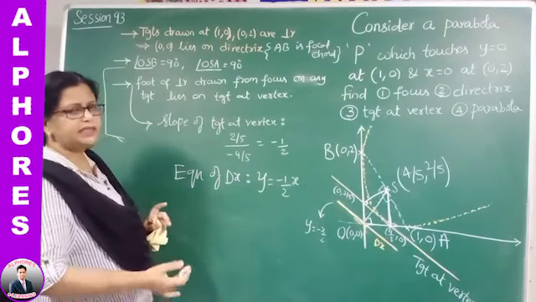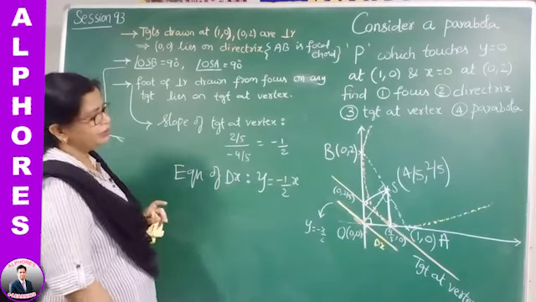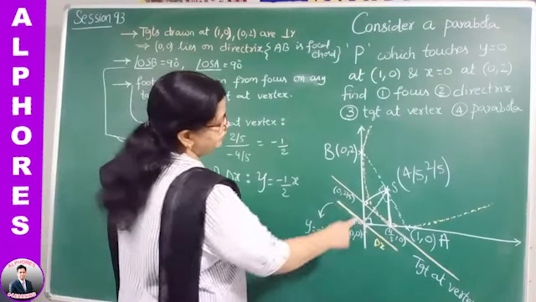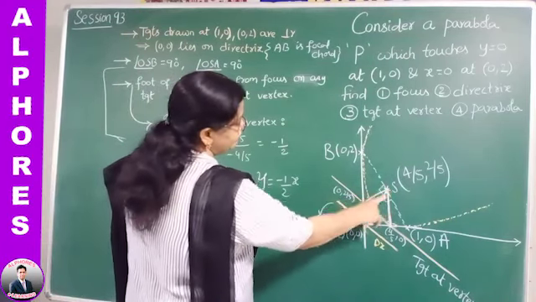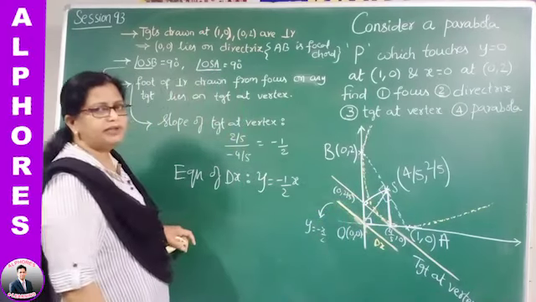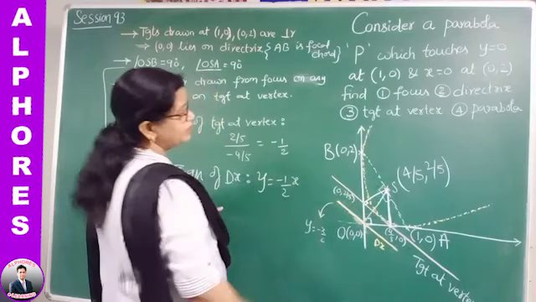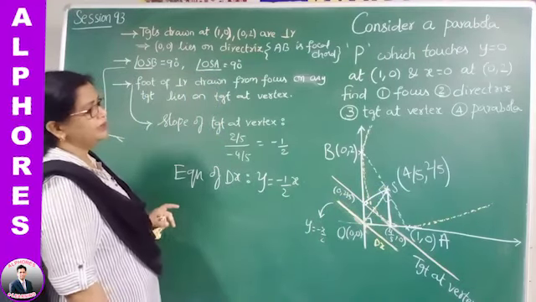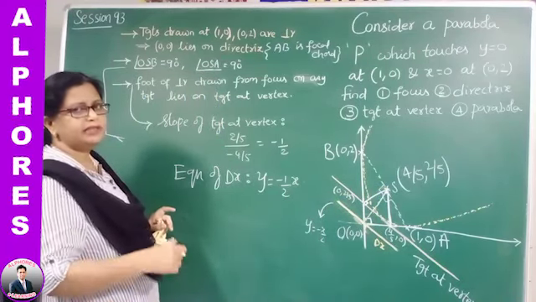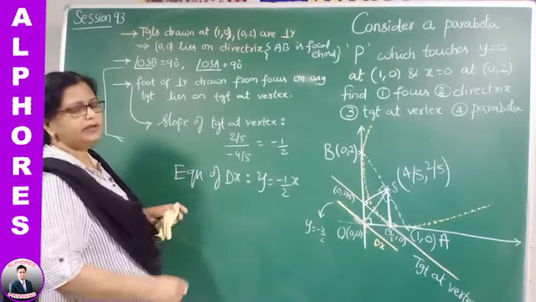And if they ask about the latus rectum, what about the latus rectum here? Find the perpendicular distance from the focus onto the tangent at vertex, and that is a. The distance from focus to tangent at vertex is a, and 4 times that a is the length of the latus rectum.